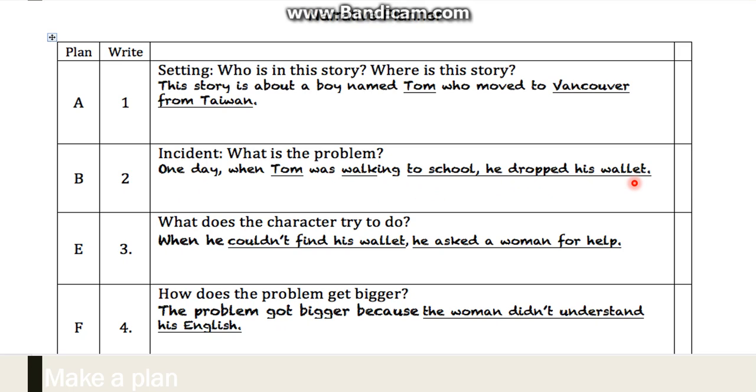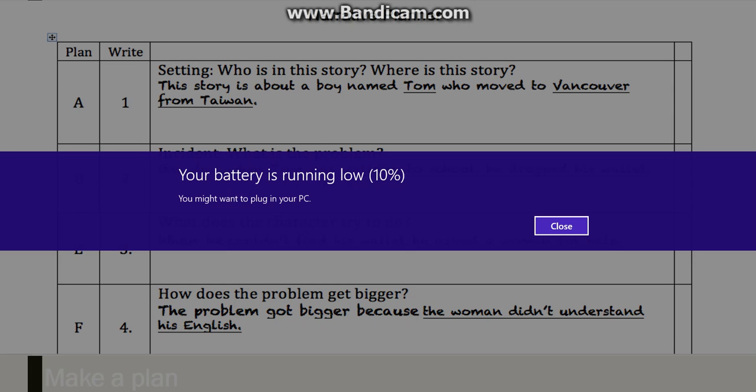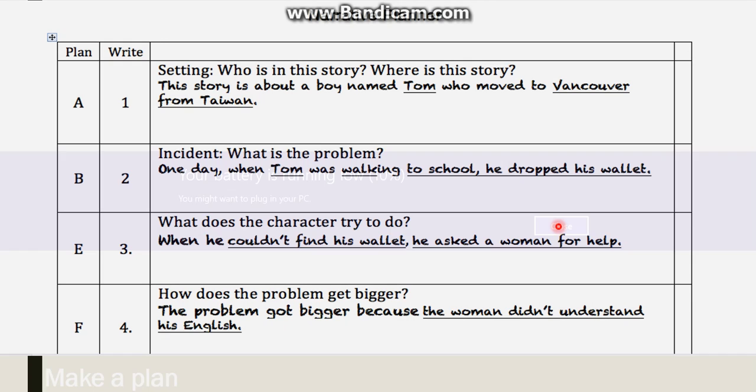So that's a grammatical structure with the verb tenses for the beginning incident of the story. So then what I had them do next is I did it in order of A, B. Now C is down at the bottom of the page and you can't see it, but part C is actually the climax of the story.